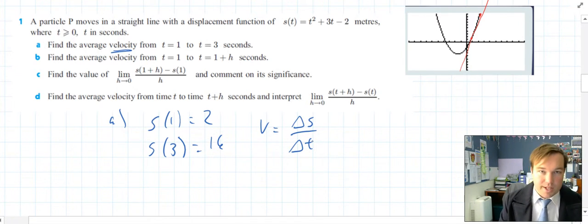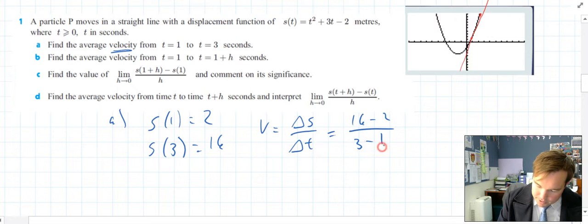Those triangles or deltas mean change in. And that's saying 16 minus 2 over 3 minus 1. That's the difference in distance divided by the difference in time, is 14 over 2 equals 7 meters per second.